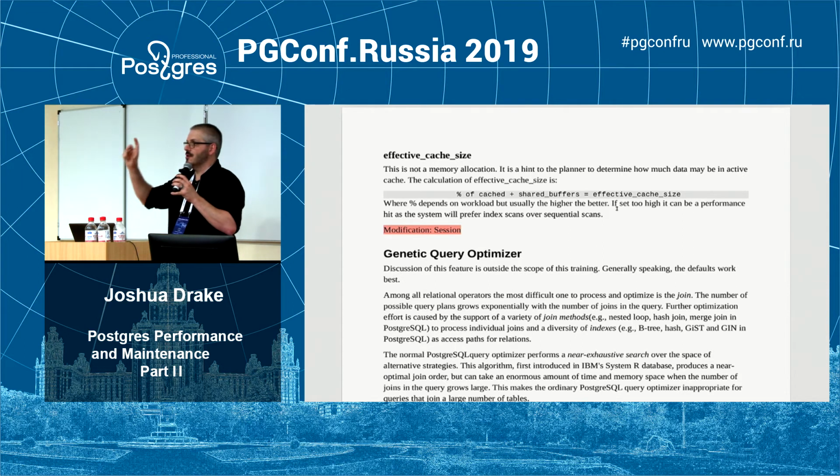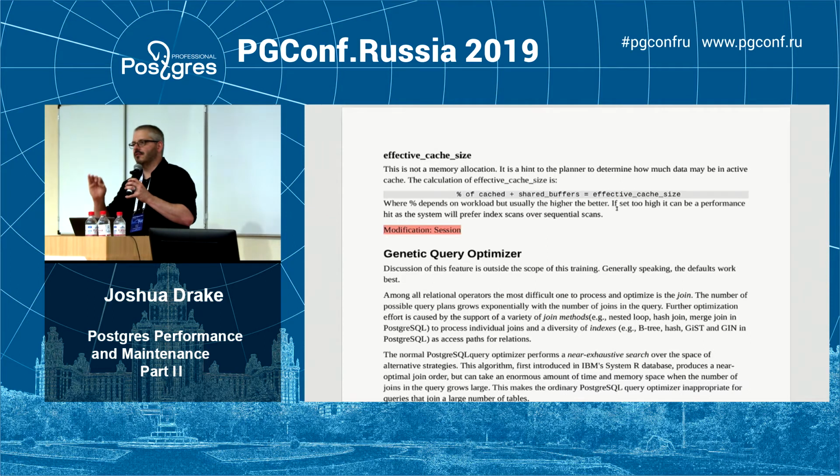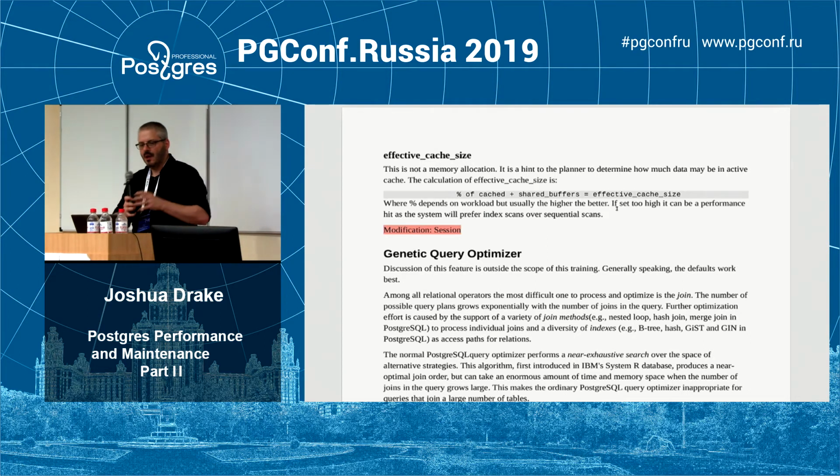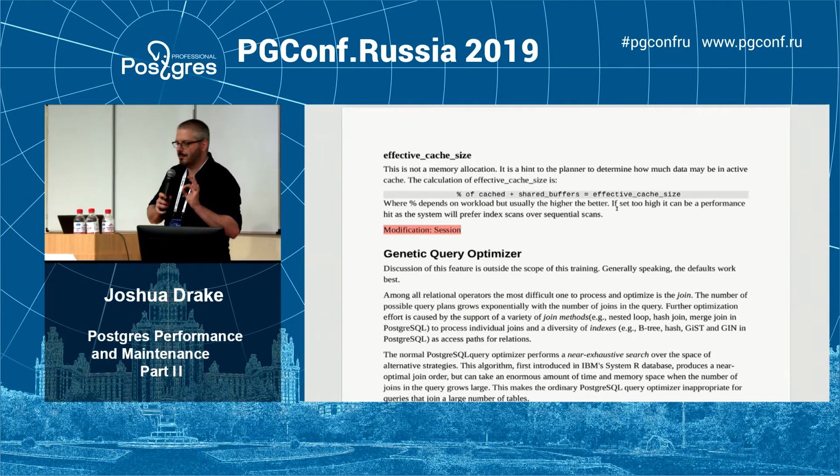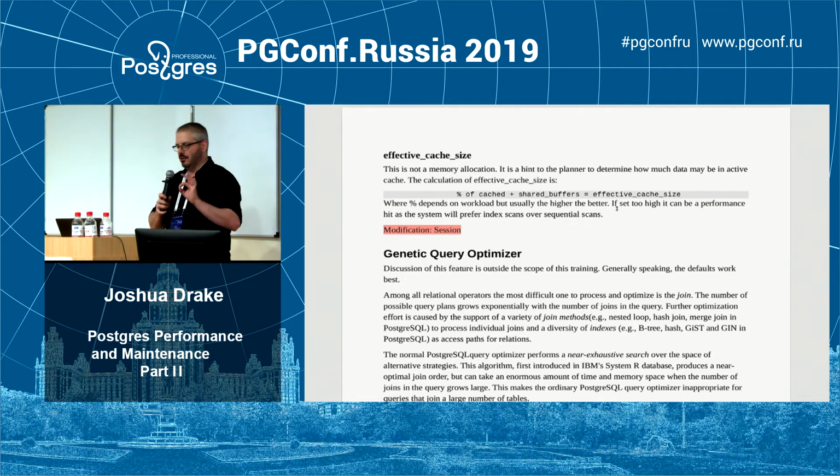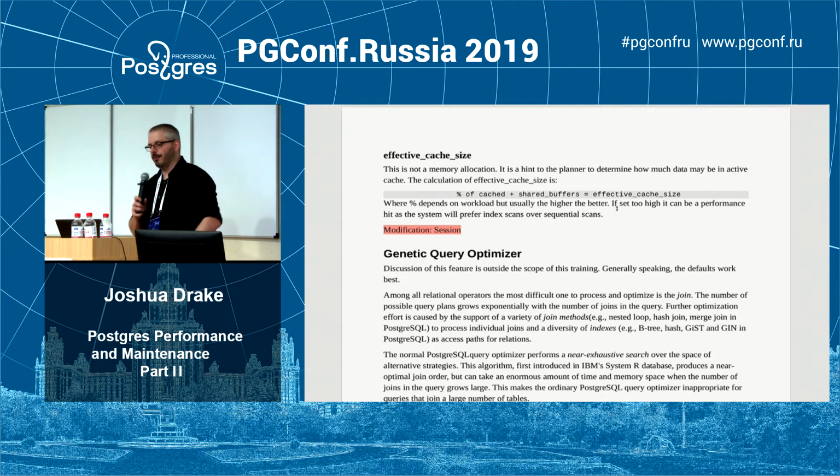Remember that PG buffer cache query? Active cache. The calculation of effective cache size is percentage of cached plus shared buffers equals effective cache size, where percentage depends on the workload, but usually the higher the better. If set too high, it can be a performance hit, as the system will prefer index scans over sequential scans.